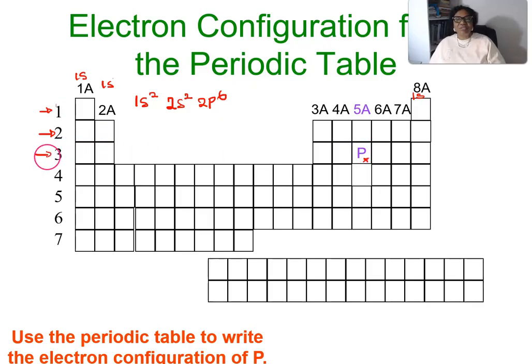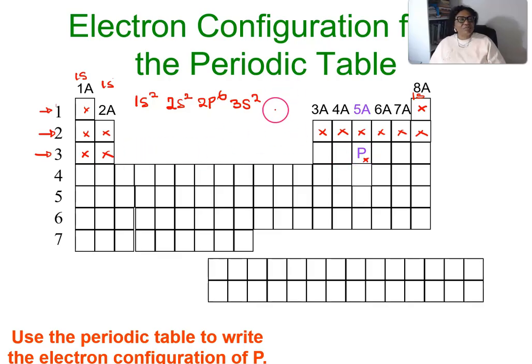Then now we go to 3. We write 3s, 2 electrons. We have 2 boxes, 1, 2. I should be crossing these boxes. Now there is nothing in the D. See, it's empty.